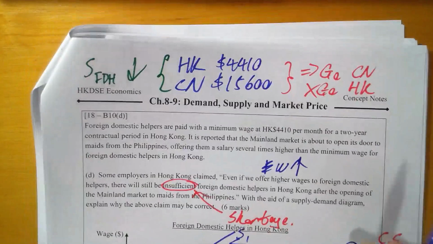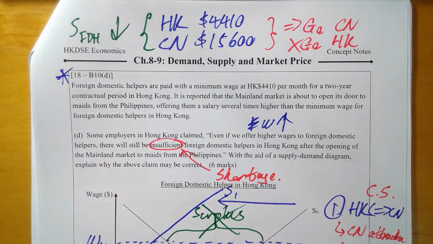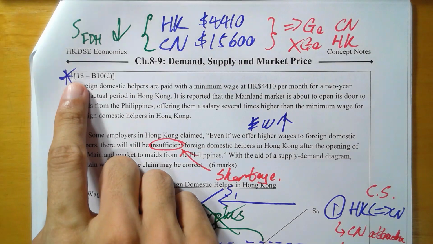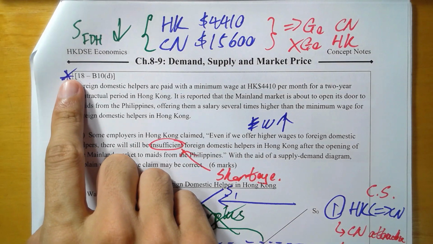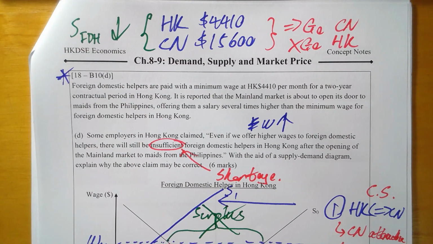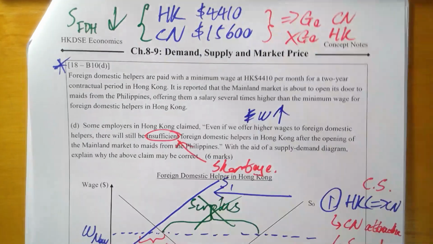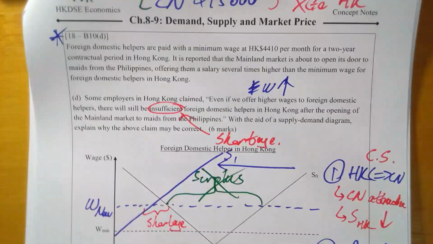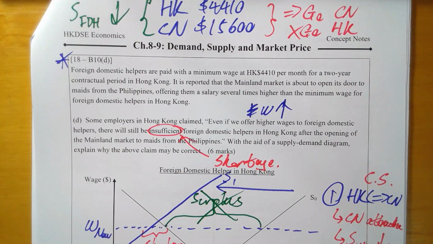Now, this is a very difficult question. I suggest when you do your revision, revise it again and again until you are fully familiarized with this question. Alright, so yes, this is actually the first part of demand meeting supply. 呢個啦就係 demand 加 supply 嘅第一 part 啦。We have finished with equilibrium and disequilibrium.